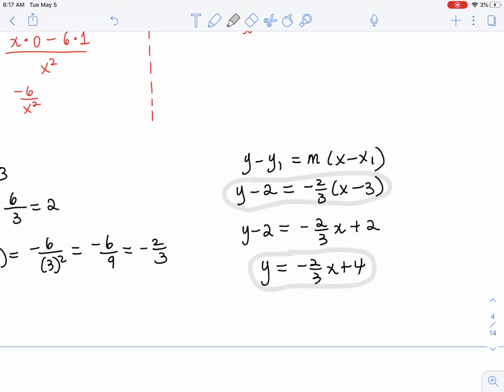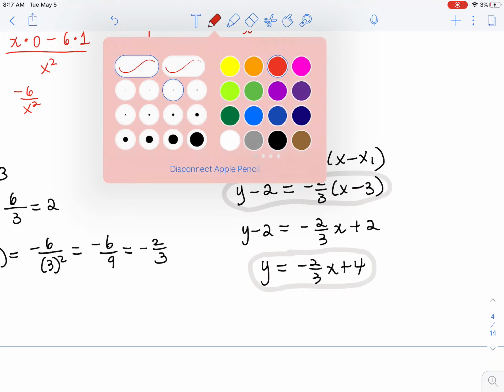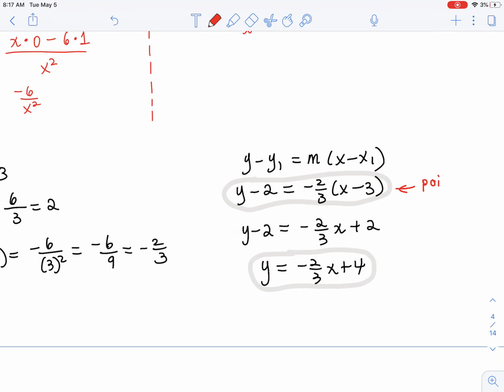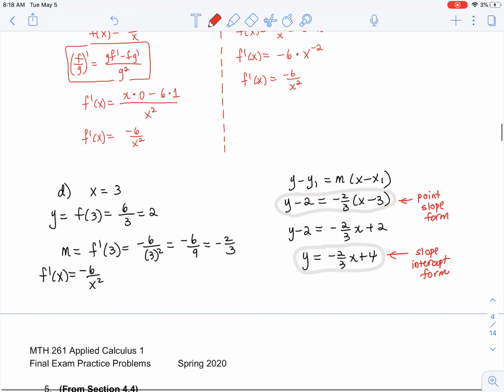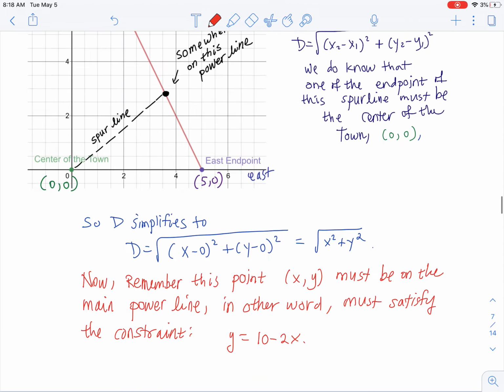If you want to leave your answer in point slope form, that's okay. If you feel comfortable with slope intercept form, both are fine, okay? But I think the answer key I have listed negative 2 over 3 x plus 4. Let me just double check.